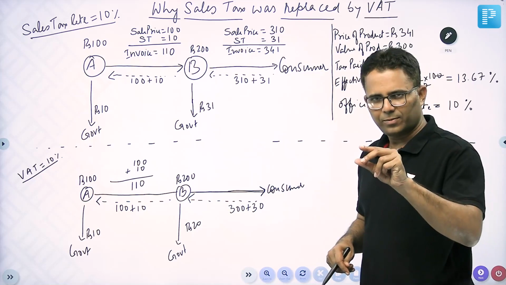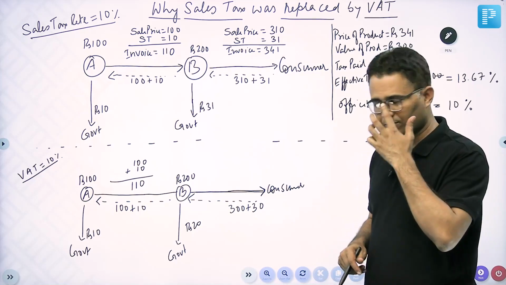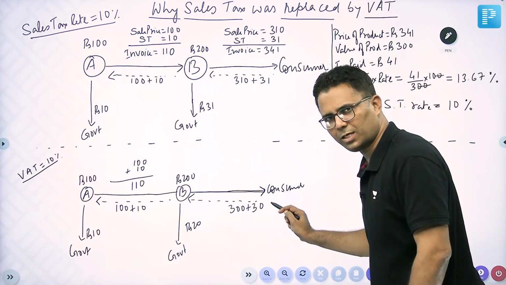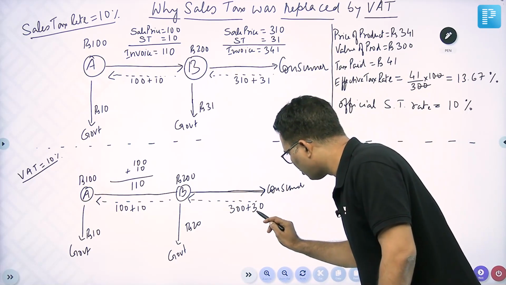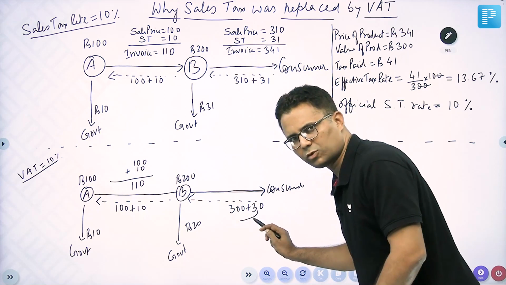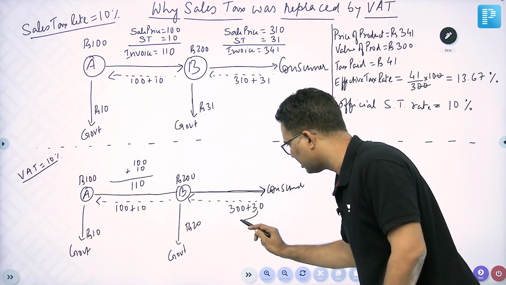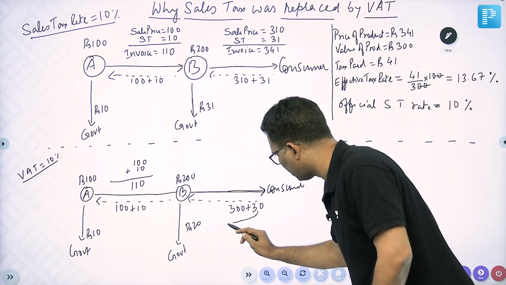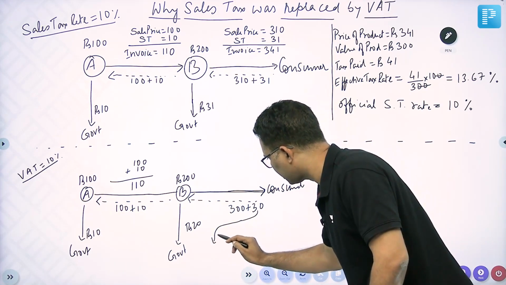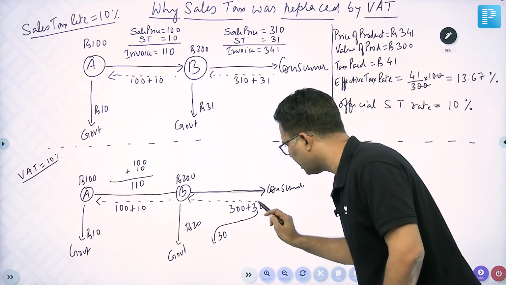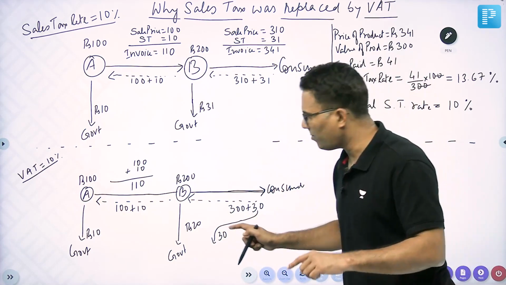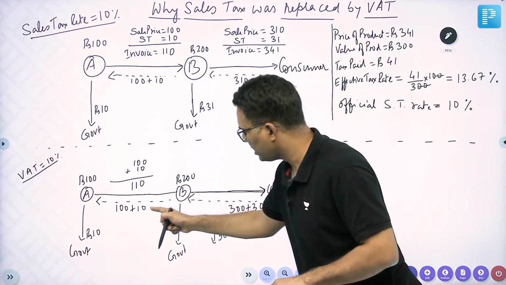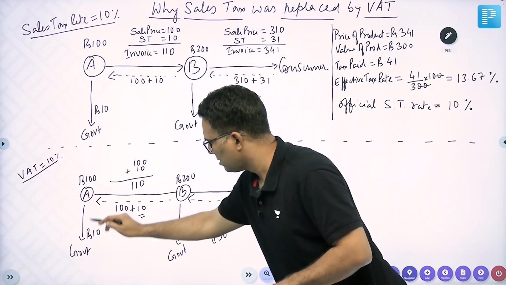But on ground it happens a little bit differently. How come? When B collects 300 plus 30 from the consumer and B was going to pay 20 out of this, then government comes into picture and says that don't pay 20, you pay me entire 30, and then government will return to B what he has previously paid.